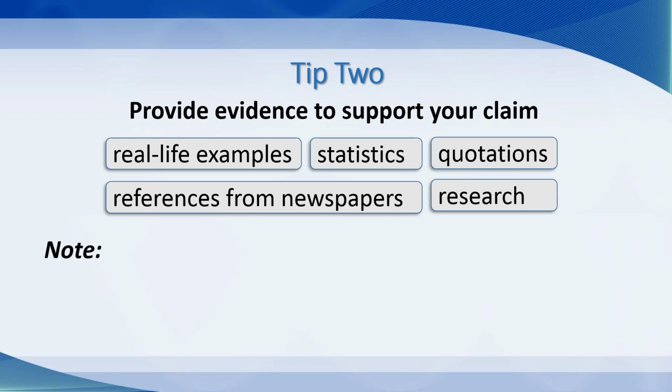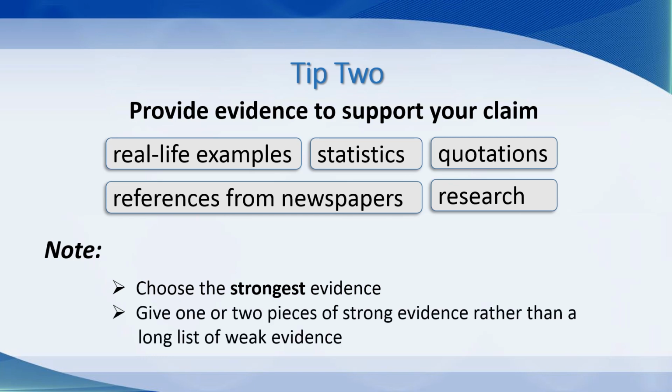Note, it is important to choose the strongest evidence for your claim. Also, it is preferable to give one or two pieces of strong evidence rather than a long list of weak evidence.